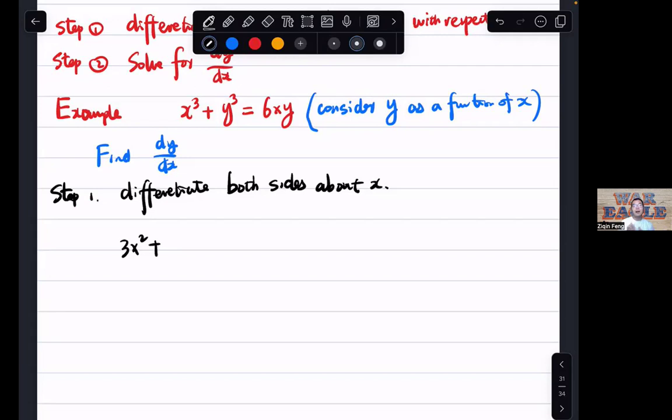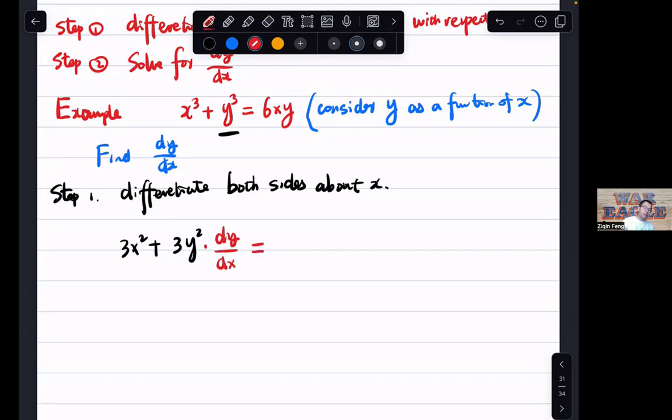Y has an unclear form of x, and the outer function is to the power of 3. So when you differentiate the middle term about x, you get 3y squared. The outer function is a power function: you bring down 3, then subtract 1 from the power. You need to multiply by the derivative of the inner function. The inner function is y. We don't know the function form, so just keep dy over dx, or y prime.